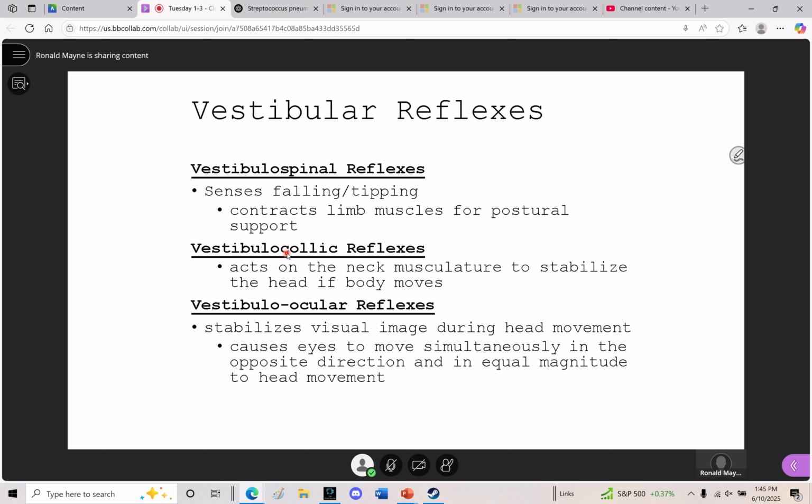A couple terms here. For the vestibulocolic, I said head righting. Keep your head straight. For the vestibulo-ocular, the term we use is compensatory eye movement. So the eyes move to compensate for the head movement.